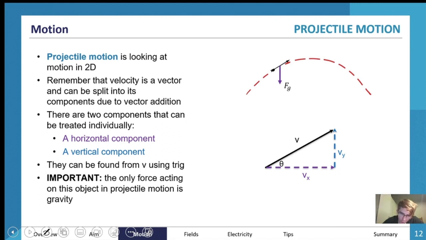The reason for that is because projectile motion can be divided into two planes of motion. There is the vertical plane and there is the horizontal plane of motion.